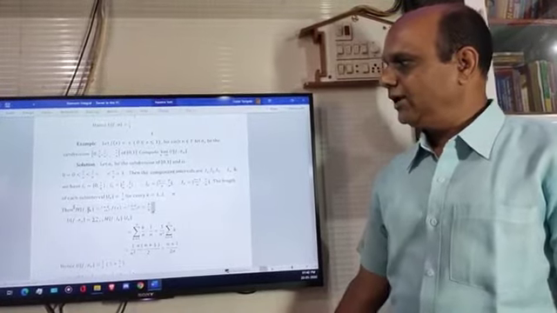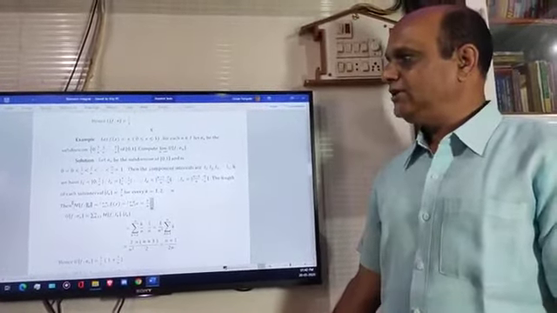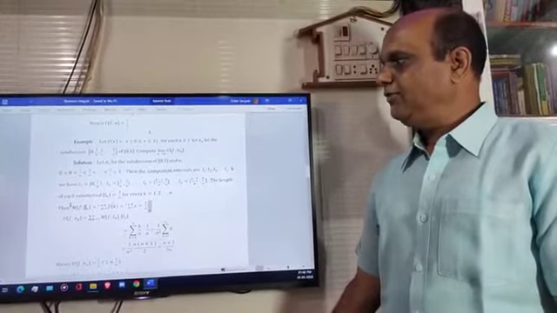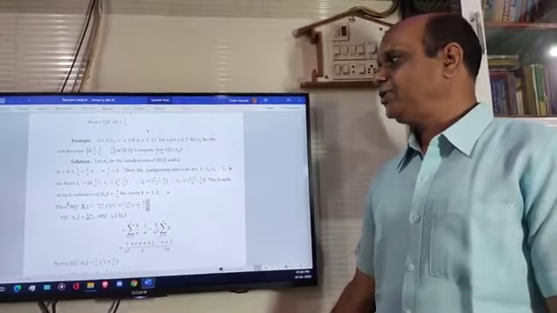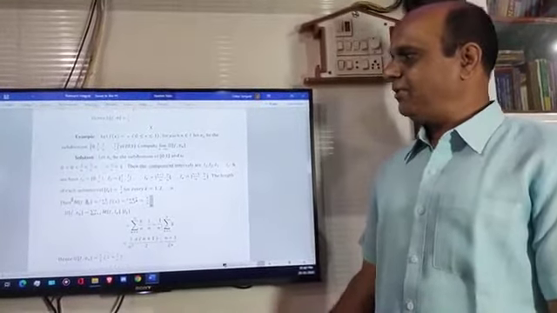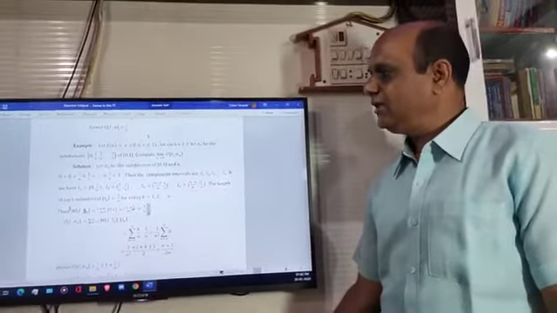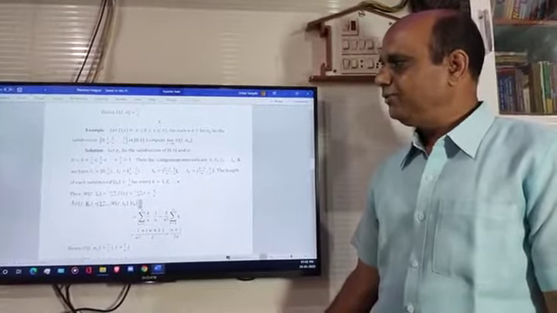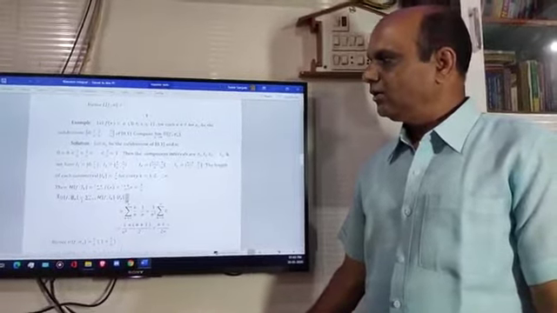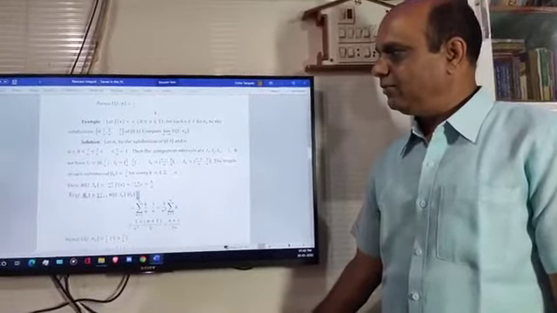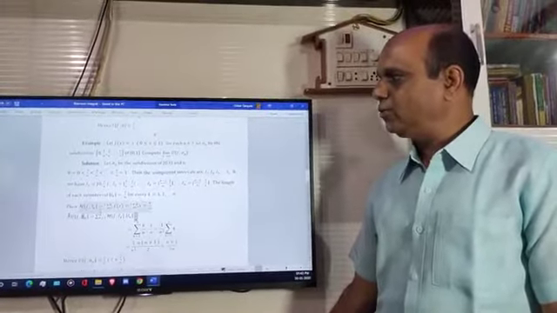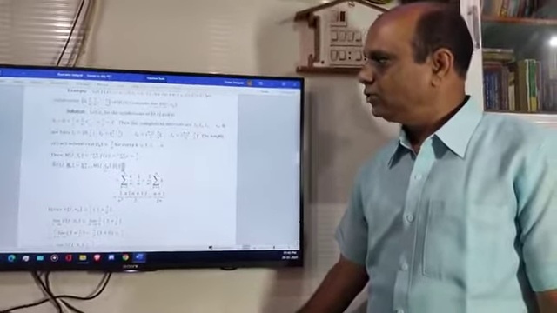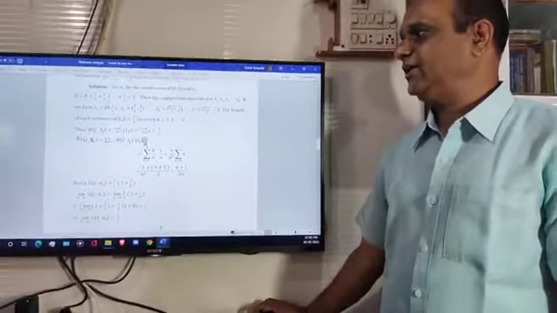Then here the maximum of the function f over these component intervals ik is defined as the least upper bound of the function f of x, x belonging to ik. The function f of x is x, so the least upper bound in every component interval is k by n. Then the upper sum for f corresponding to the subdivision sigma n becomes the summation k is equal to 1 to n of the maximum of the function f over the component interval ik, into the length of ik.